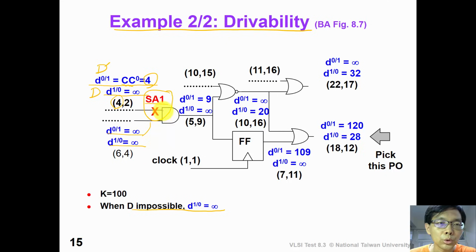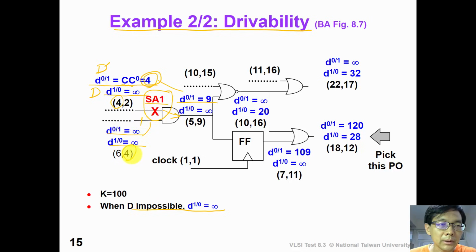Now we want to propagate this D prime to the output. D01 is 9, which is equal to drivability D01 with the side input assigned to 1.